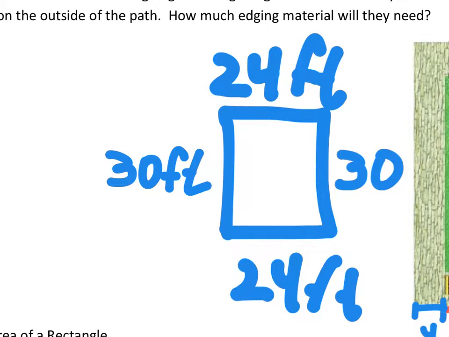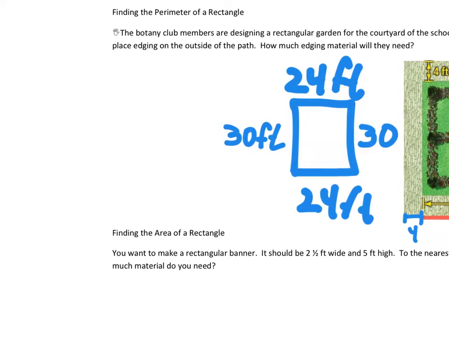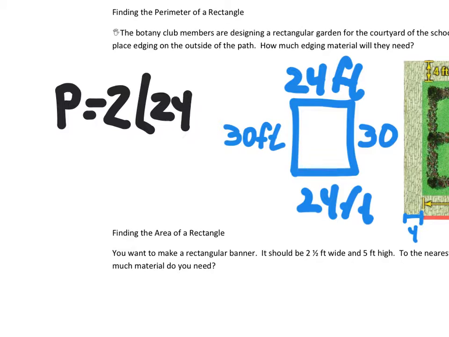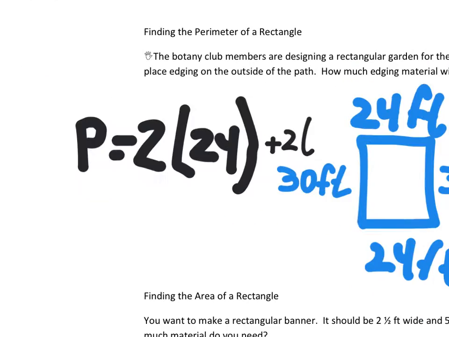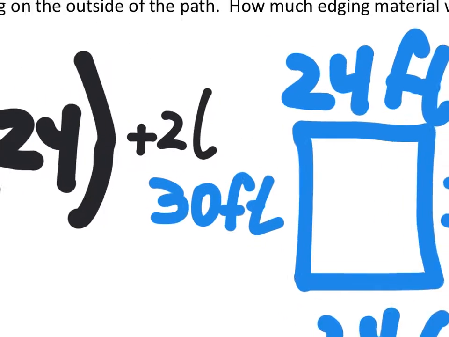All right, now the perimeter is very easy. We are just adding up these outside edges. Right, and you can either add up all 4 of these individually, that would work, or you could use the formula for perimeter, which is 2 times your base. So we have 2 times 24 plus 2 times our height, which is 30.